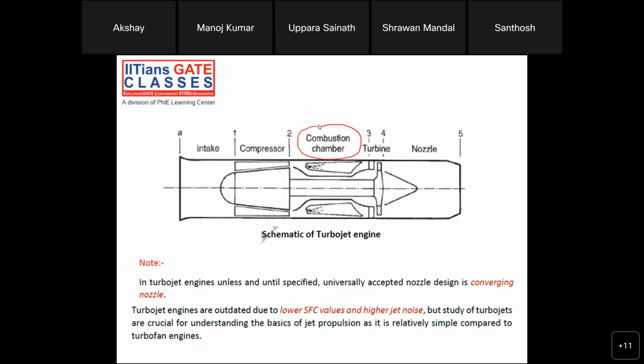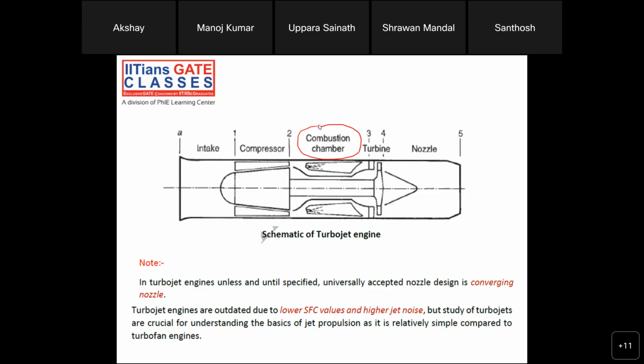The fuel contains some kind of energy, so that will be converted into a useful form using a process called combustion, where you will be increasing the cycle temperature to a certain level so that you can again drop the temperature. So in the expansion process, the thermal energy you had will be converted to kinetic energy, in terms of a jet.